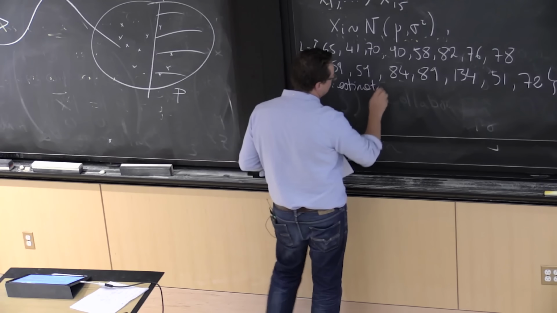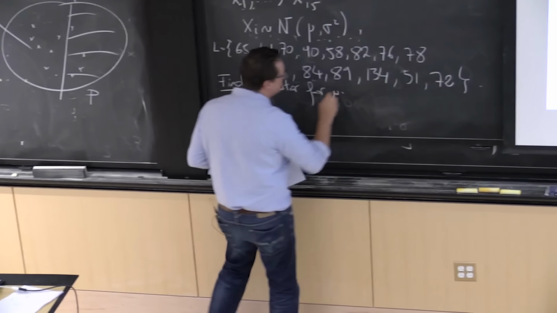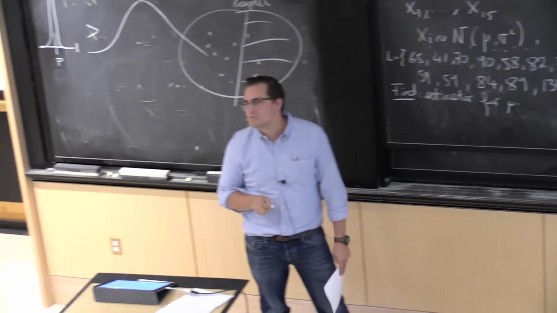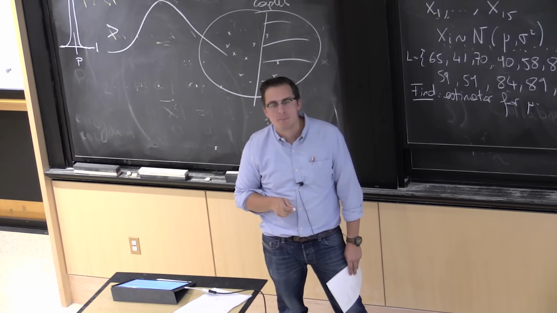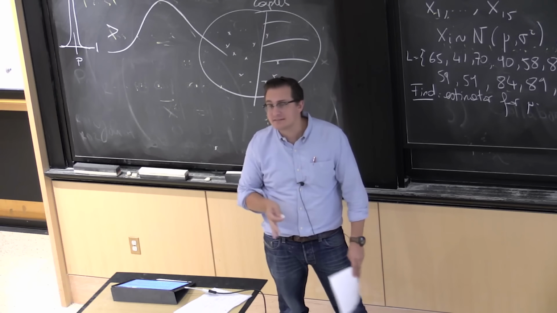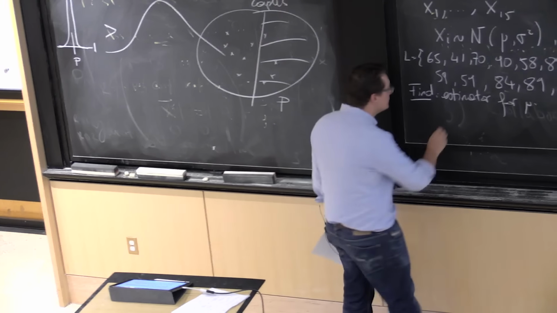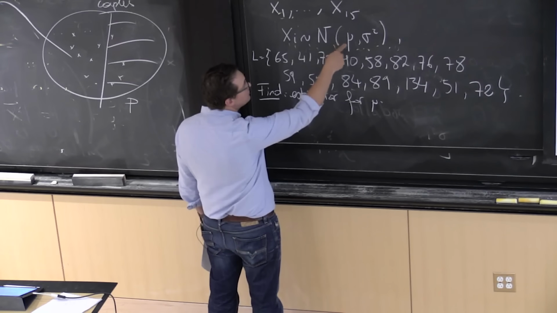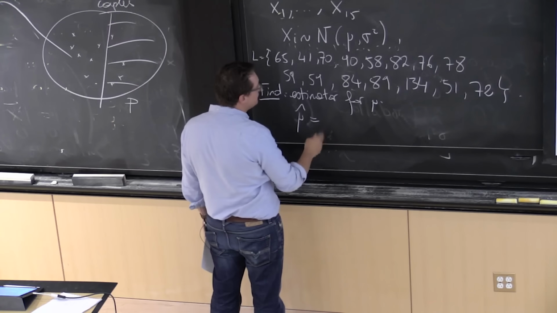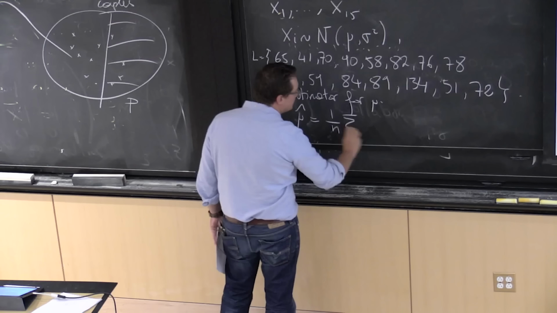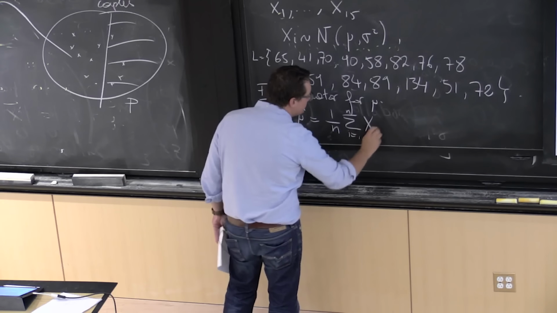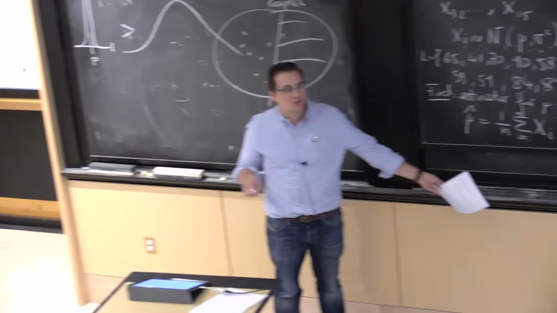an estimator for mu. What is my estimator for mu? Well, an estimator, again, is something that depends on the random variables. So mu is the expectation, right? So a good estimator is definitely the average score. Just like we had the average of the Ri's.